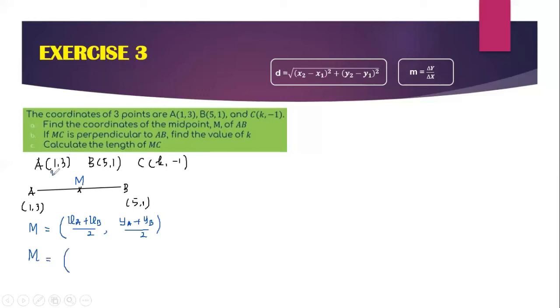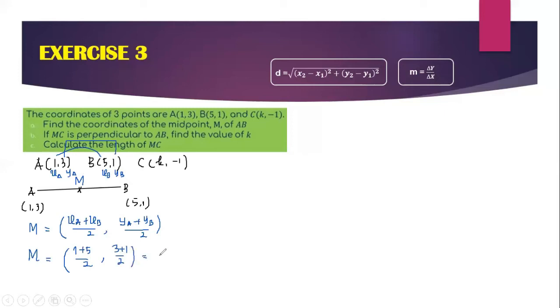This one is XA, YA, XB, YB, right? So 1 plus 5 over 2, comma, 3 plus 1 over 2.